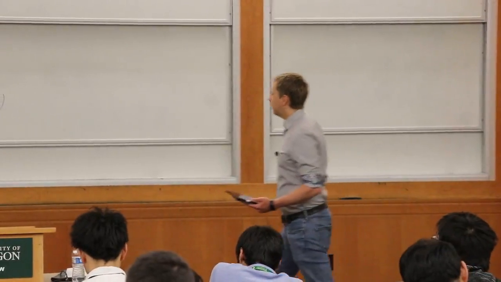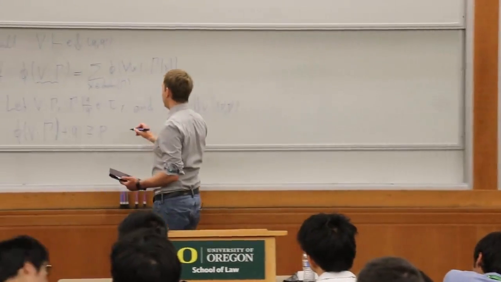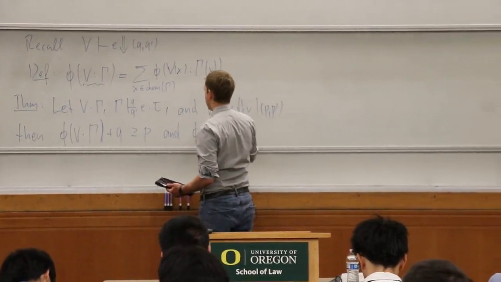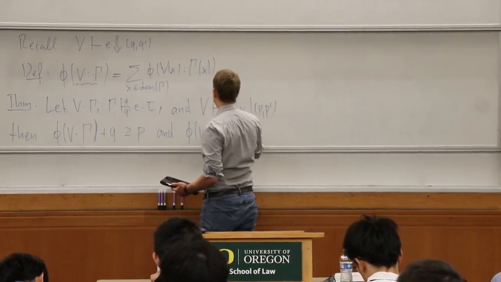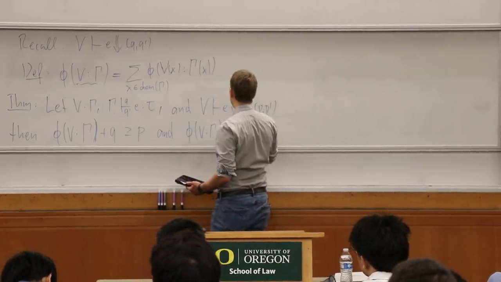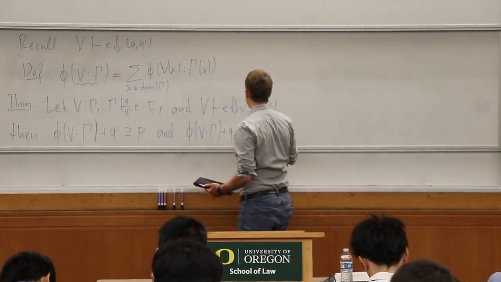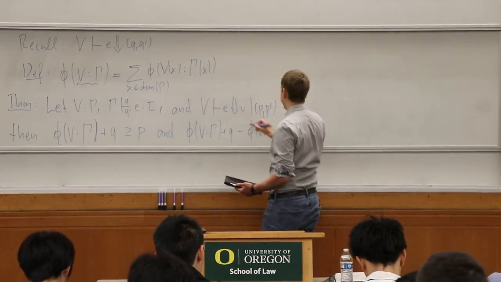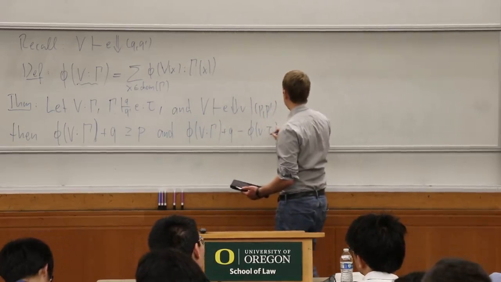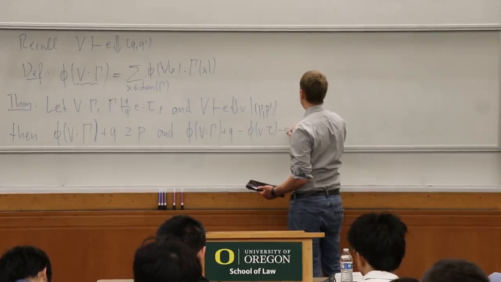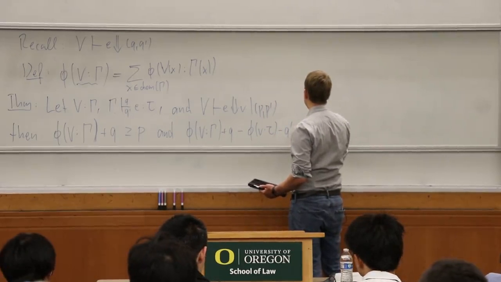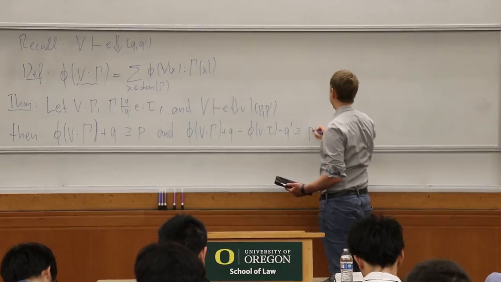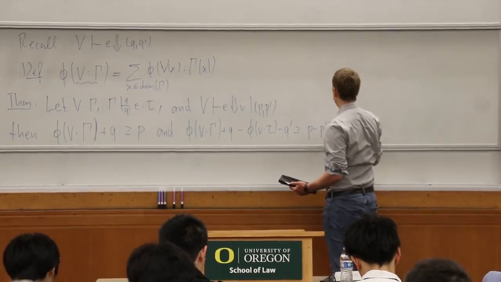And also the difference between the initial potential and the resulting potential, which is in this value V under tau, is an upper bound on the net cost, P minus P prime.